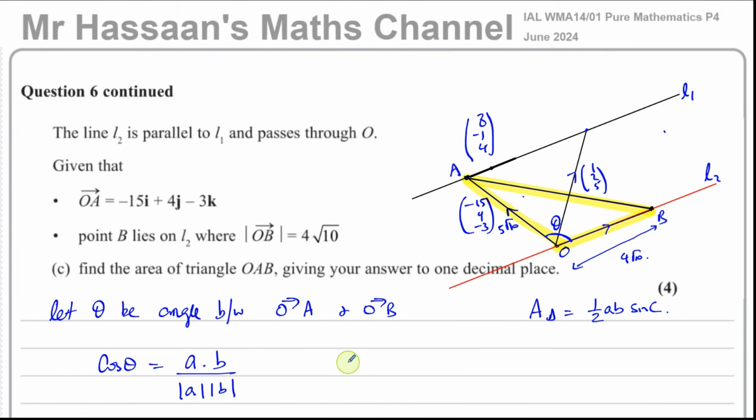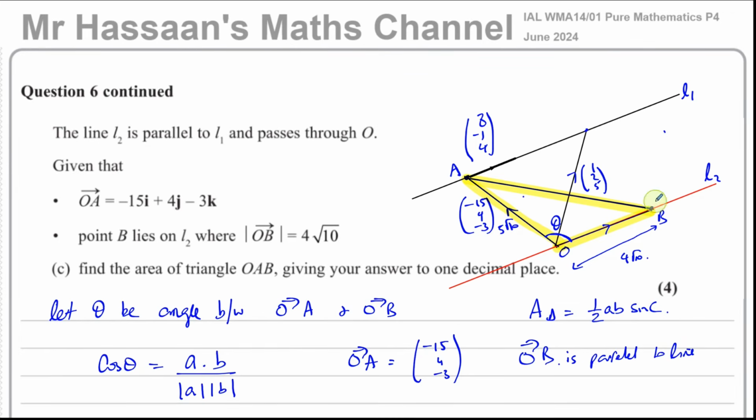So we can say that the vector O to A is negative 15, 4 and minus 3, and then the vector O to B. Now O to B is in the same direction as line 2, which is parallel to line 1.